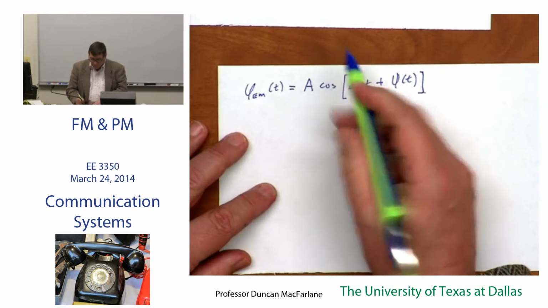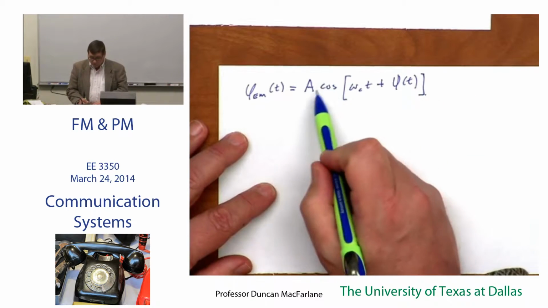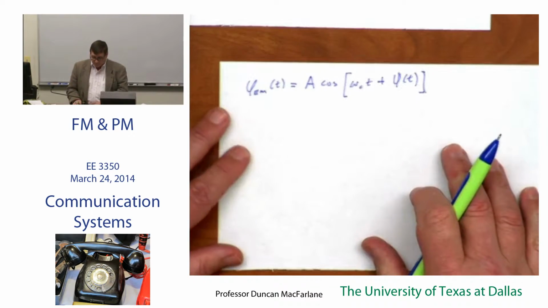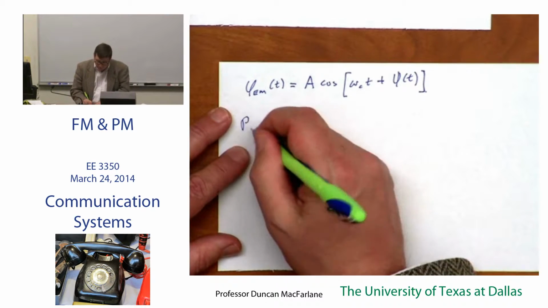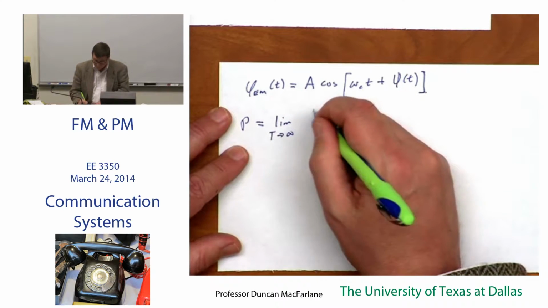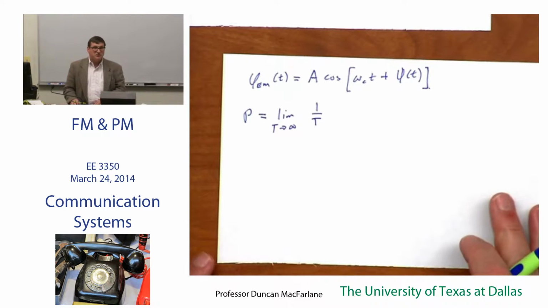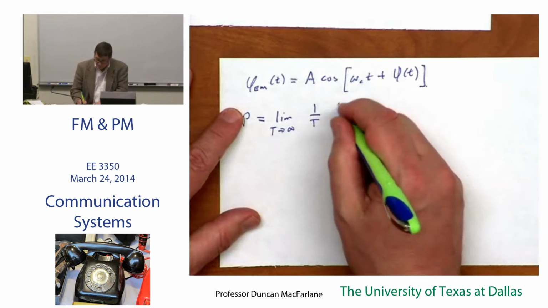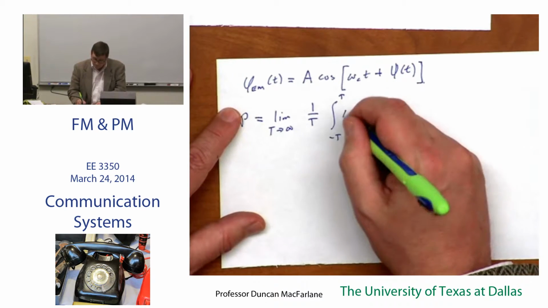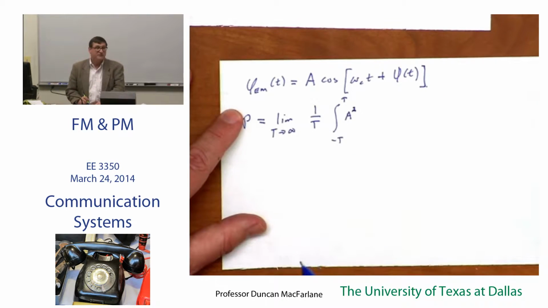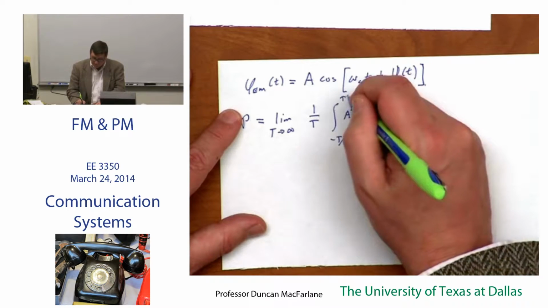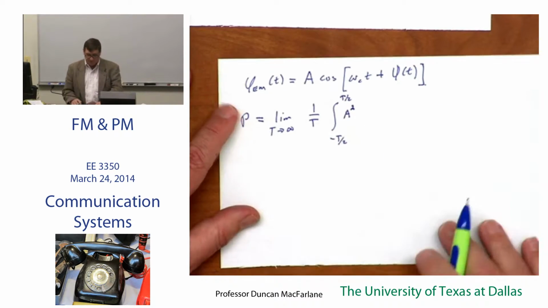When we picked this form, with a constant amplitude in front of this, a very nice thing falls out. The power of this signal is the average of this signal squared over all time. So I take this and I integrate, I guess this should be minus T over 2 to T over 2, or I could do a 2T there.